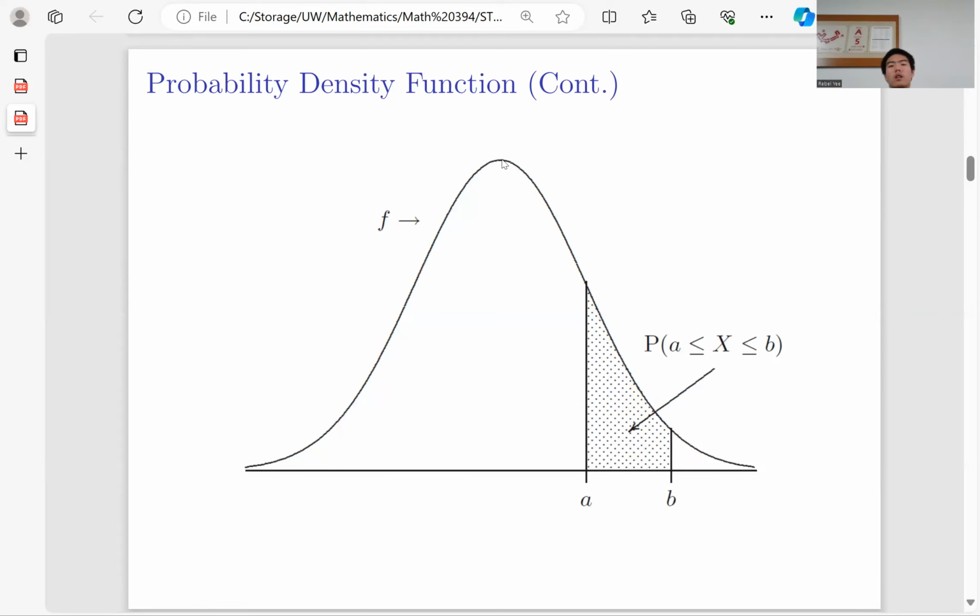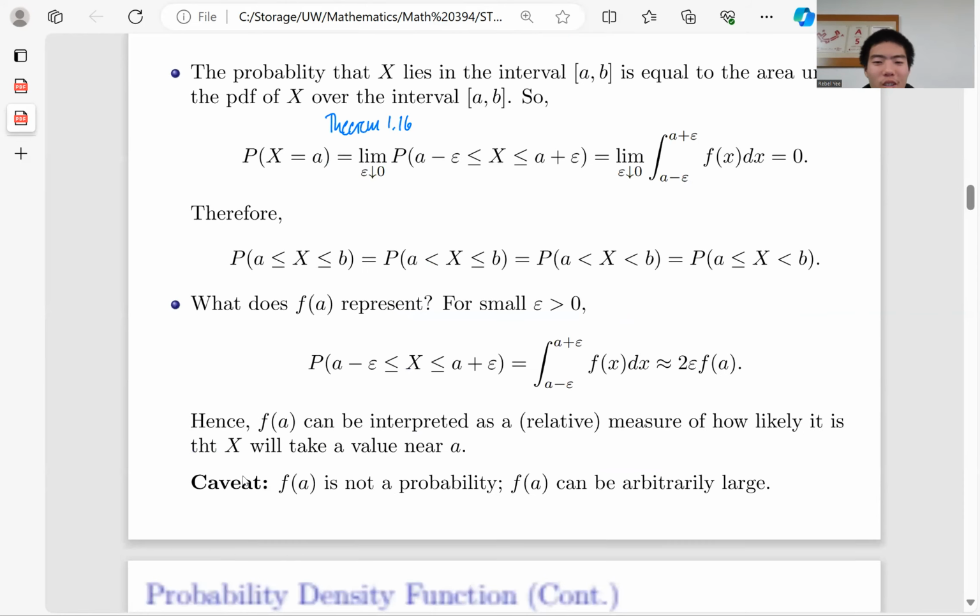So x at the center of the bell has the highest probability to occur, but the probability that x is exactly equal to that value is 0. Still, it has the highest probability compared to here, where it nearly has no probability to occur.